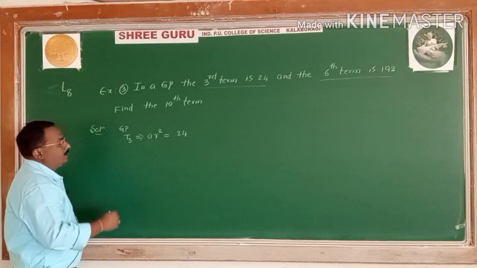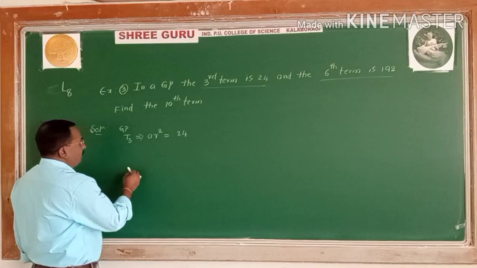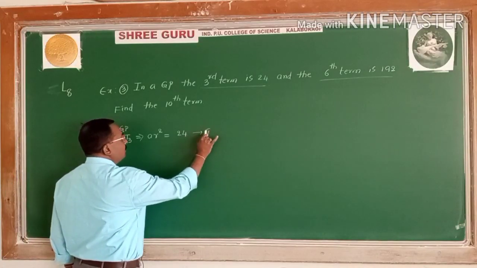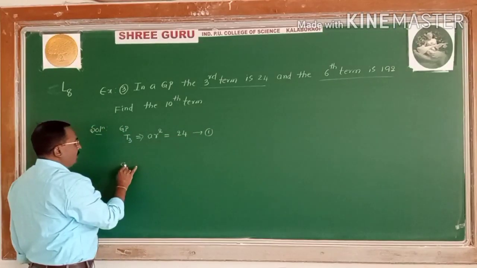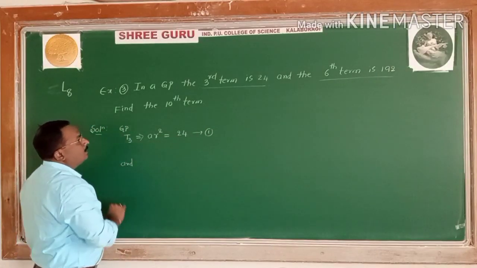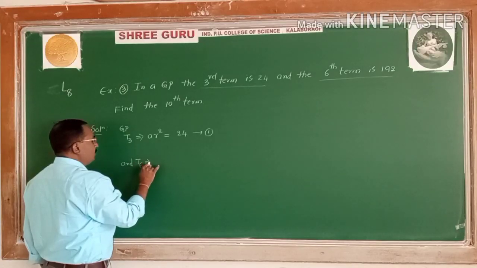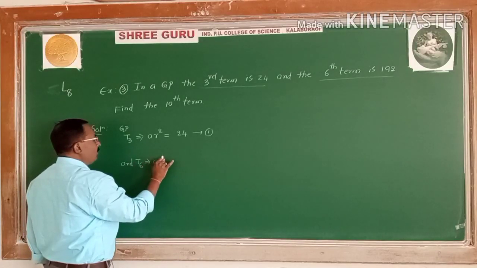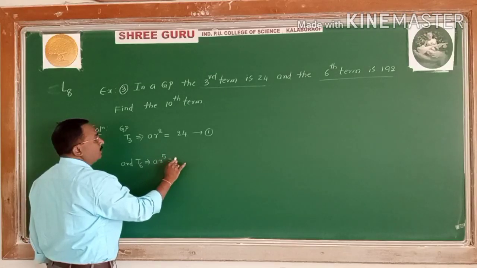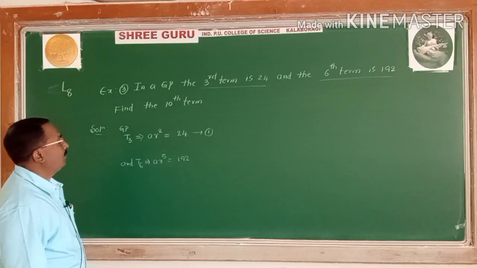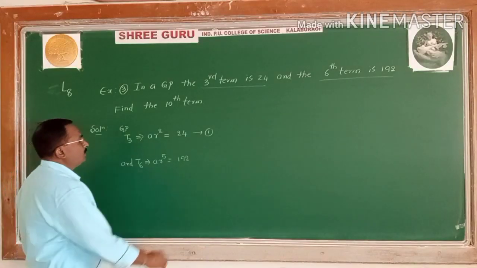That is equation number 1. And another one: the sixth term T6 is equal to A into R to the power 5. This value is given, that is 192. Equation number 2.